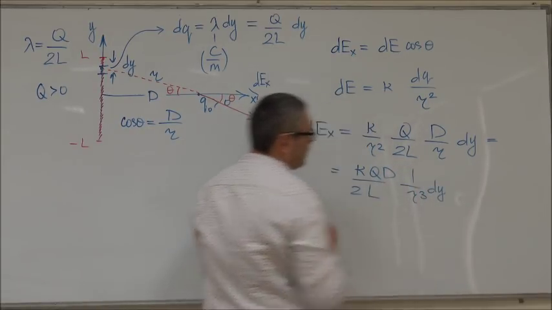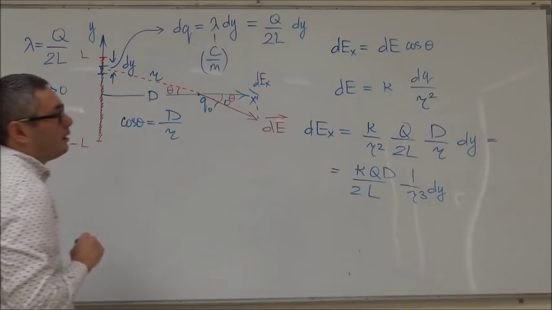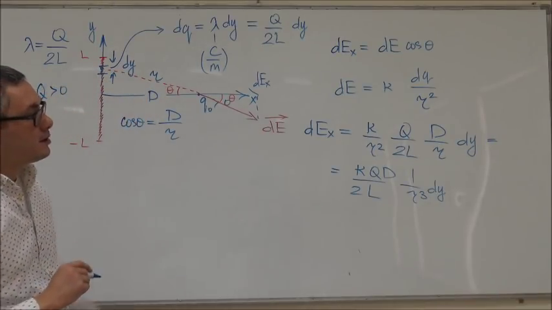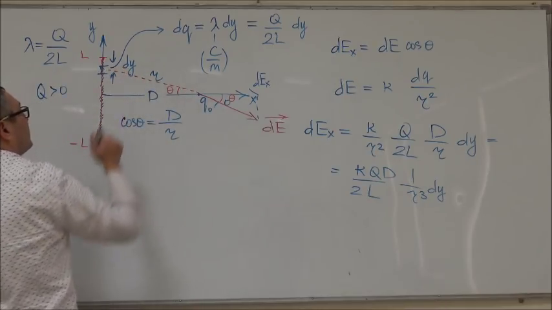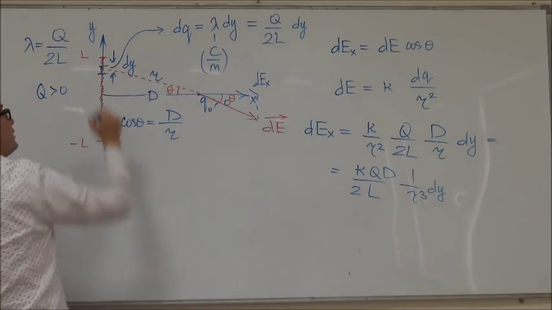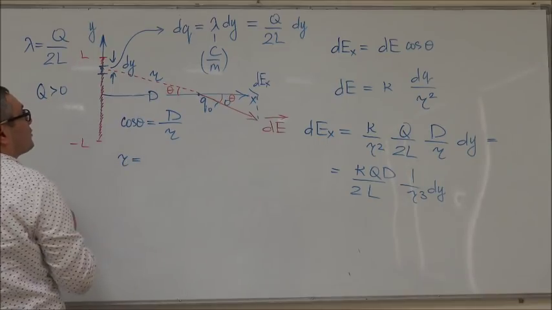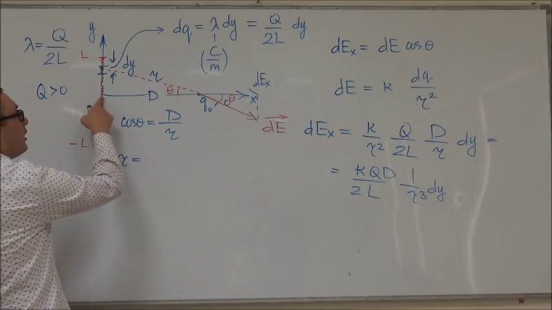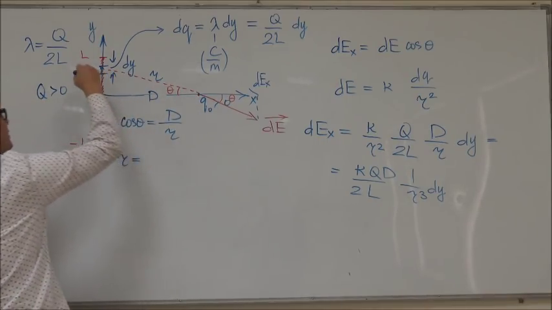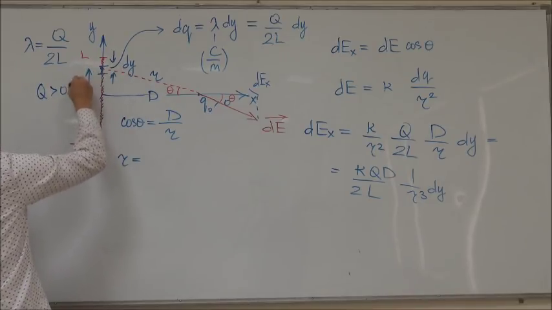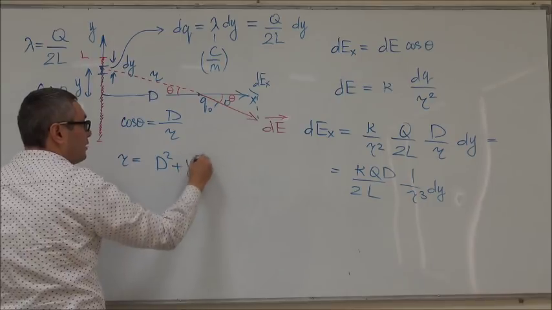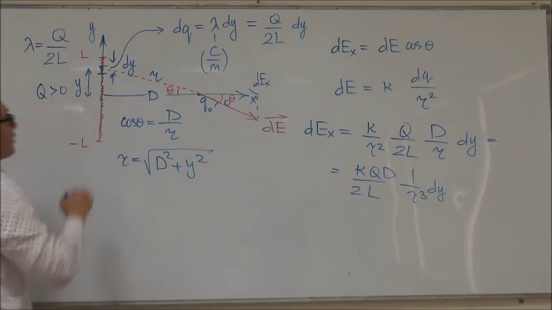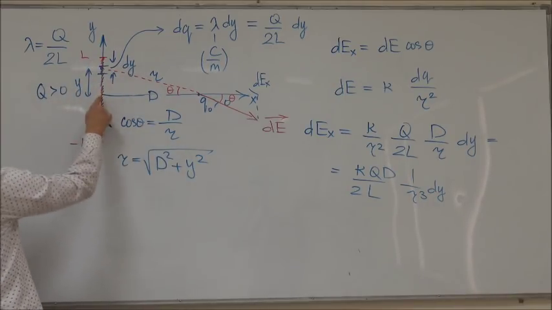So now let's express r. If you look at this triangle here, from the Pythagorean theorem, this is y and this is d.